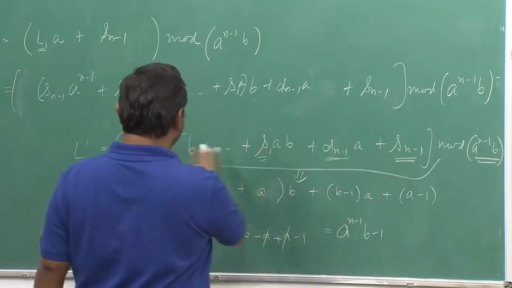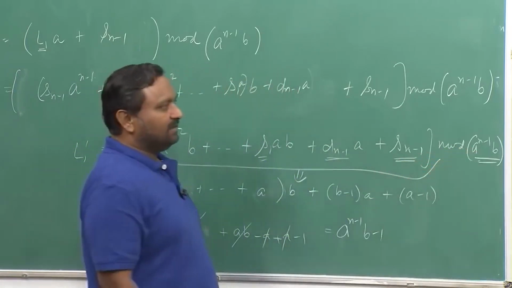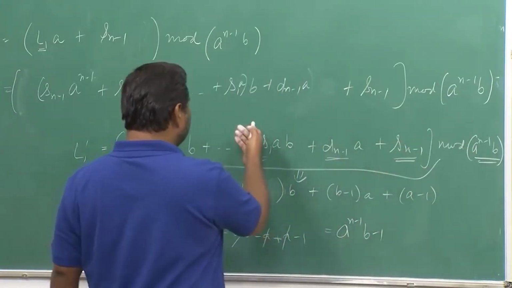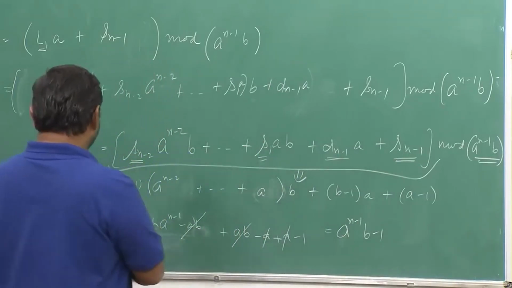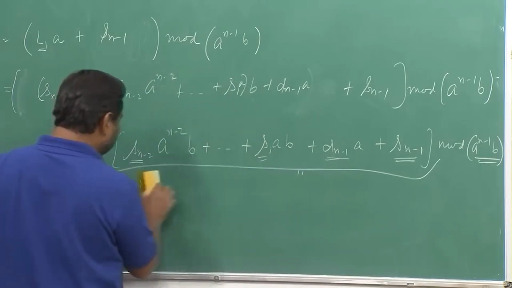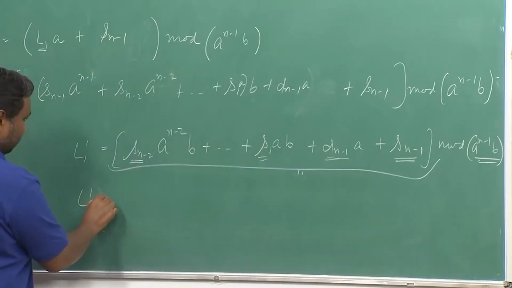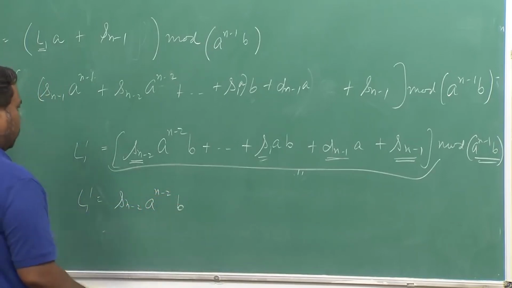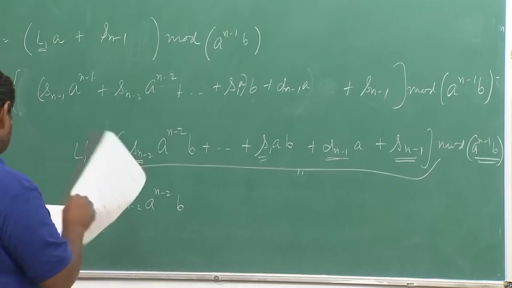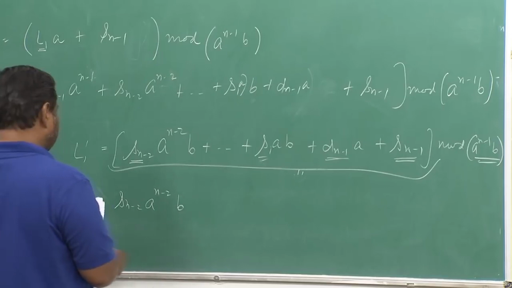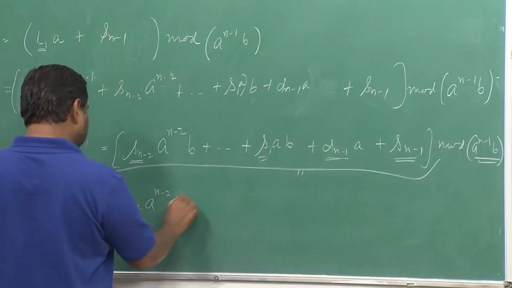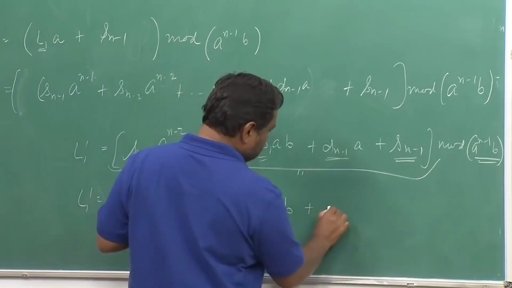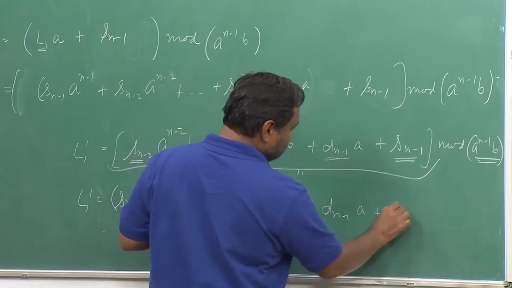So, in worst case this is the value which you will get, and this is smaller than the operator, the modulo operator here, A raised power n minus 1 B. So, when I do modulo operation I should get back the same value, which implies that I have L1 prime will be Sn minus 2 A raised power n minus 2, so B I can keep later on, S1 of A into B, dn minus 1 A plus Sn minus 1.